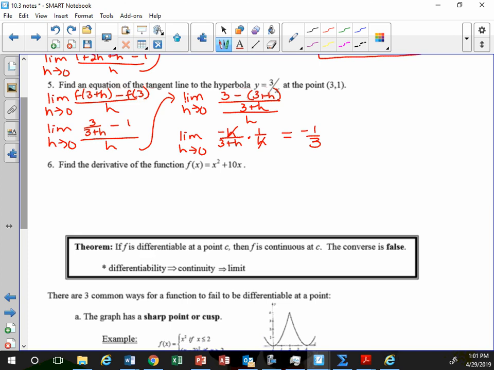You see it? h is 0. Then the equation writing, you've got your point and your slope. So it's just y minus 1 equals negative 1/3 times x minus 3. Okay? Question? You see it? Better? Okay. Good. All right, let's look at 6.